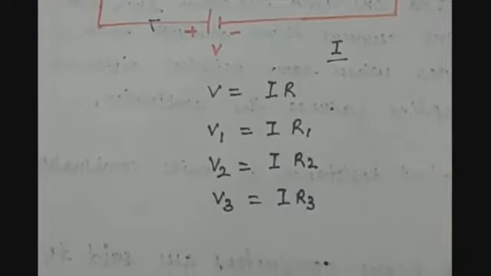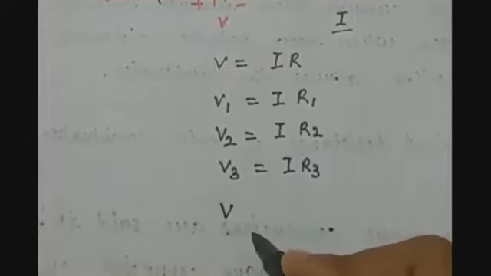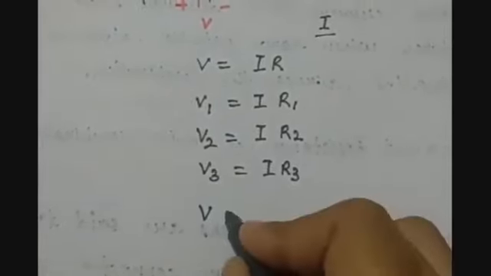But we got one equation that was saying that the total potential difference across the ends of the conductor, or the ends of the combination of resistances, is equal to the sum of individual potential differences across each resistance that we have drawn in the second activity. So that was V is equal to V1 plus V2 plus V3.